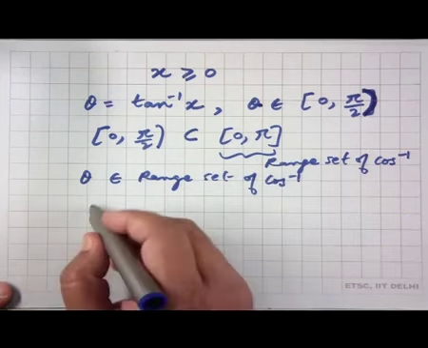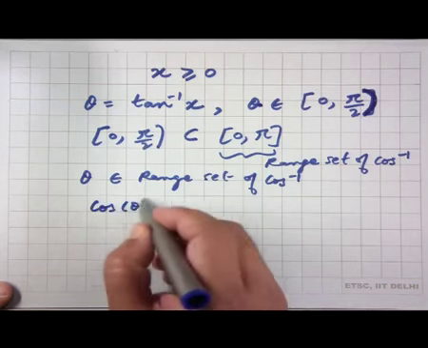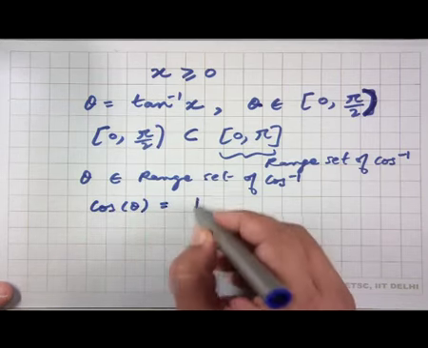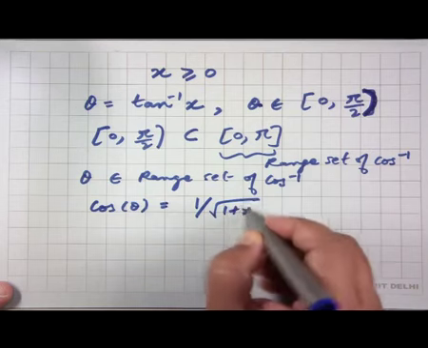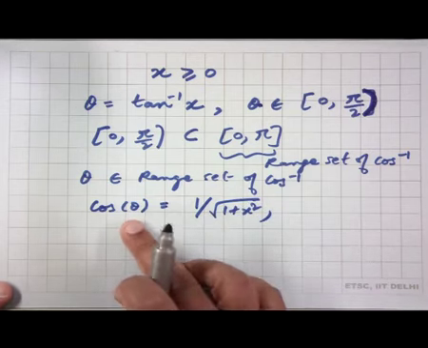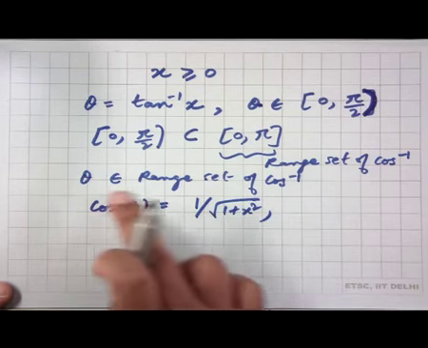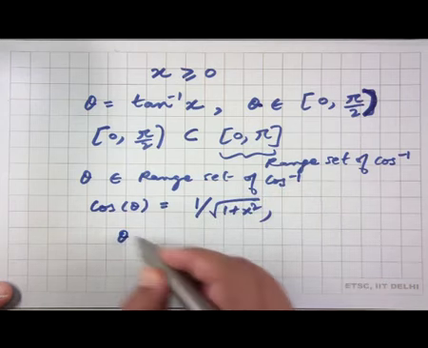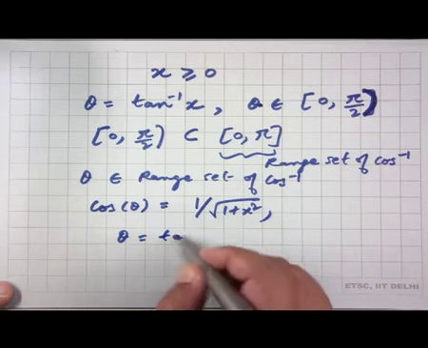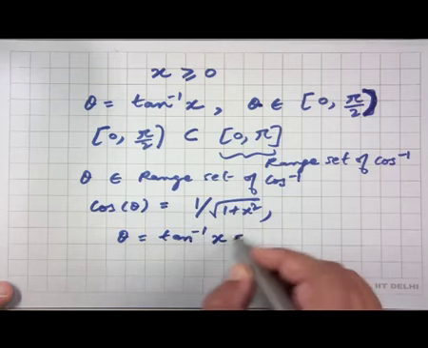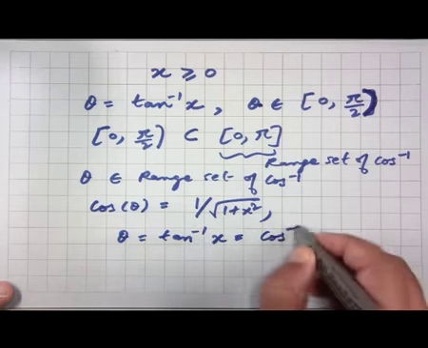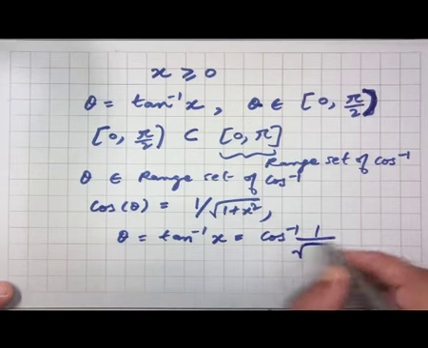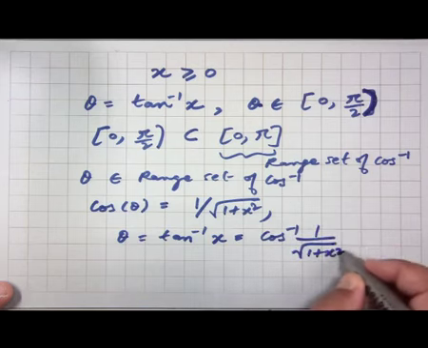Hence, since cos of theta is equal to 1 over square root of 1 plus x square, and theta belongs to the range set of cos inverse, it follows that theta, which is tan inverse x, will be equal to cos inverse of 1 over root of 1 plus x square.